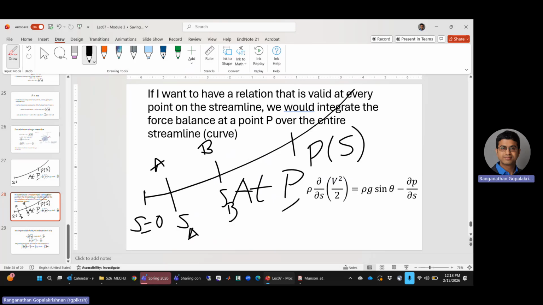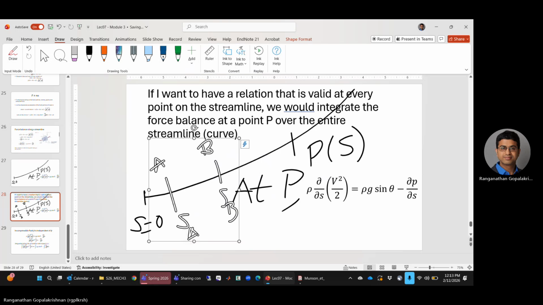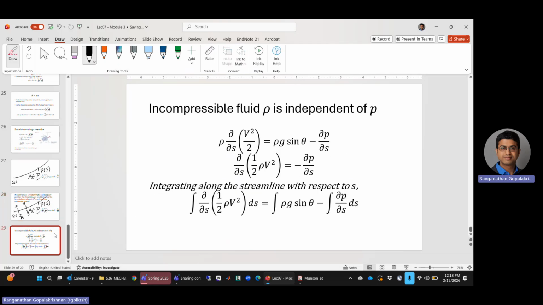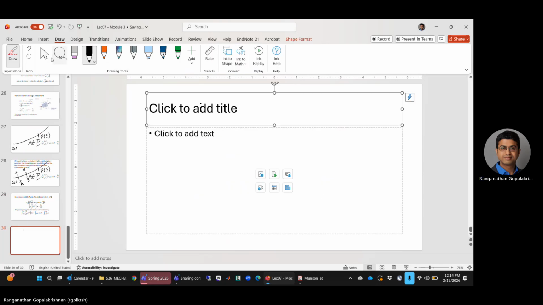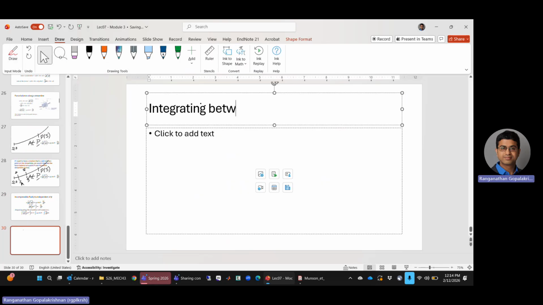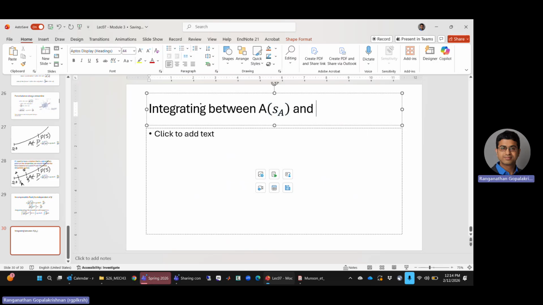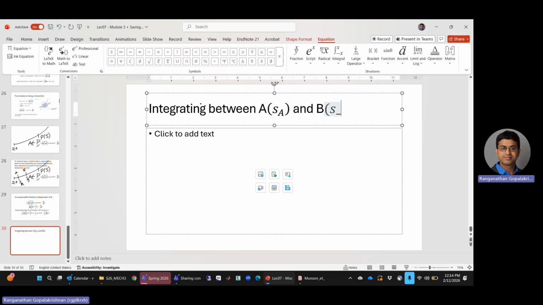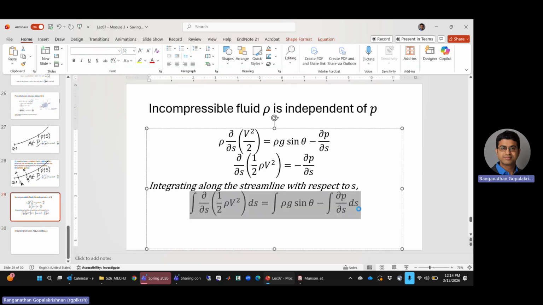I'll pick 2 specific points whose streamline coordinates are SA and SB, and I would do the integration between those 2 points, integrating between A and B. So then I would take this integral. It's between 2 specific points.